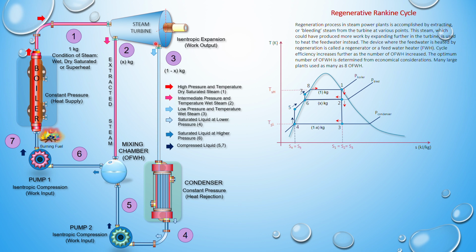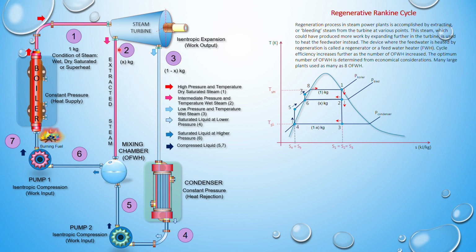So you have up to point 3 where it undergoes full expansion, then it goes to the condenser, constant pressure cooling, and then into the pump, isentropic compression to the feed water heater. Mixing takes place here, producing liquid at point 6, and then it is pumped to the boiler pressure, isentropic compression.